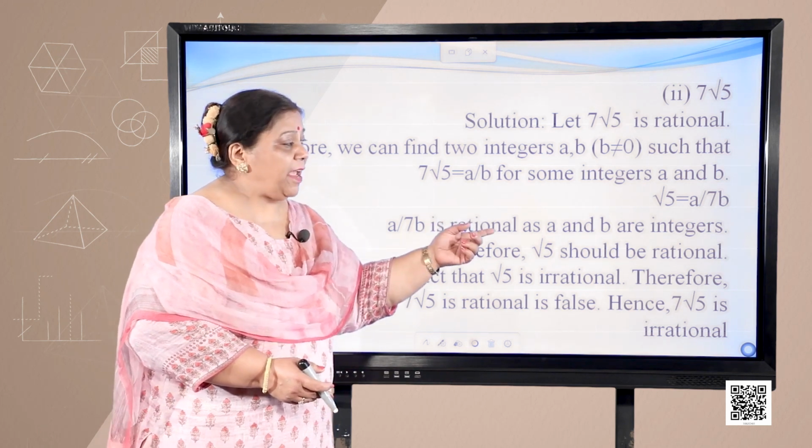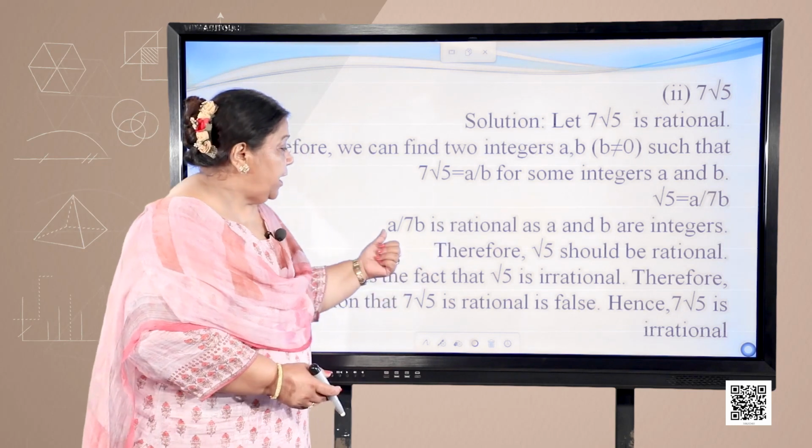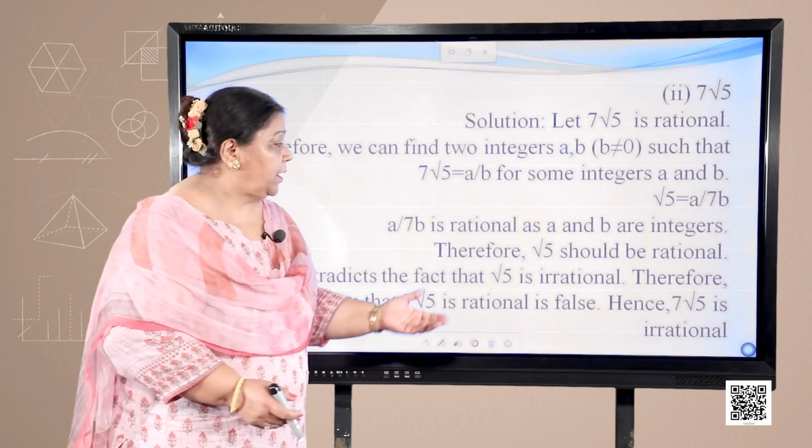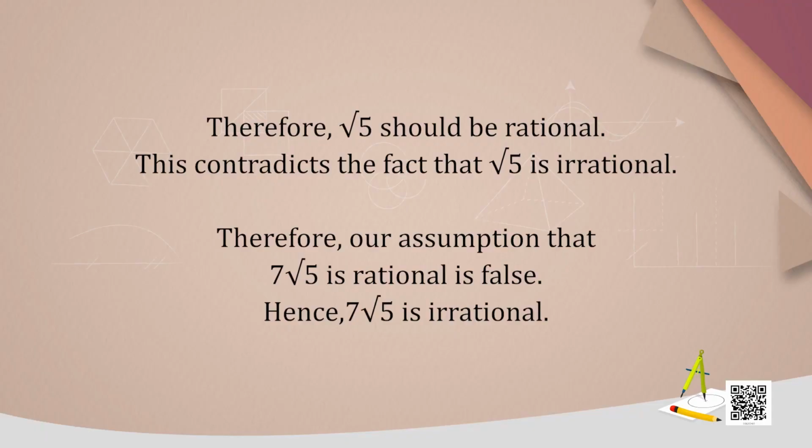So, square root 5 is equal to a upon 7b. a upon 7b is rational as a and b are integers. Therefore, square root 5 should be rational. This contradicts the fact that square root 5 is irrational. Therefore, our assumption that 7 square root 5 is rational is false. Hence, 7 square root 5 is irrational.